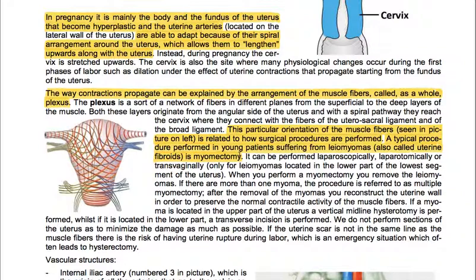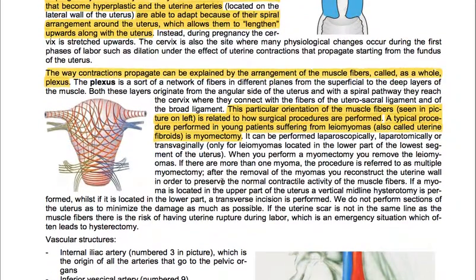And after the removal of the myomas, you reconstruct the uterine wall in order to preserve the normal contractile activity of the muscle fiber. So if a myoma is located in the upper part of the uterus, a vertical midline incision is performed, because, as you see, the fibers go vertically. While if it's located in the lower part, a transverse incision is performed, because you see here, the fibers go in a horizontal way.